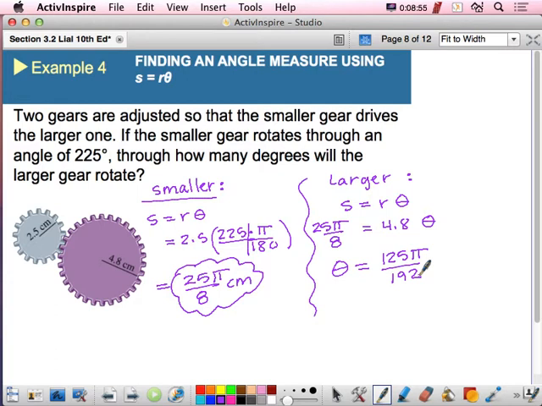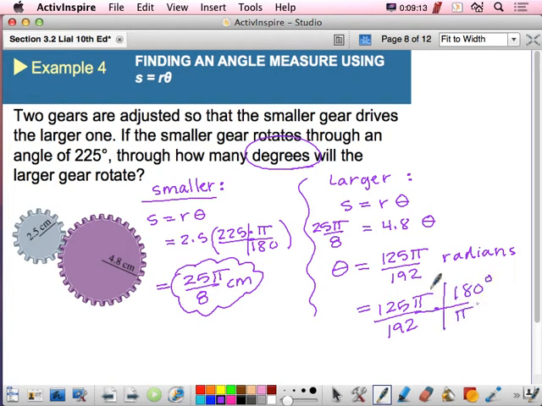This is my angle in radians. I asked you to give me that angle in degrees. So now we can convert it all. Go the other way and multiply by 180 over pi, and that will give us our angle in degrees.